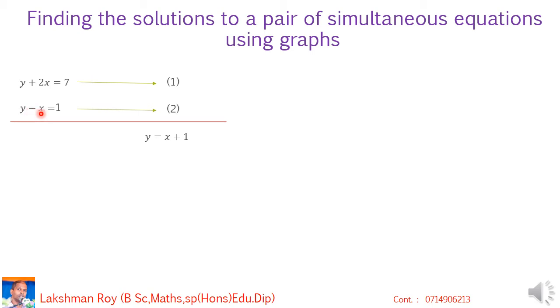So if you put this minus x into the right side, then you get y equal x plus 1, right. So you can see the first equation I take here. So also I make y the subject, right. You can see here plus 2x. So if you subtract 2x from both sides, then you get y equal minus 2x plus 7, right.